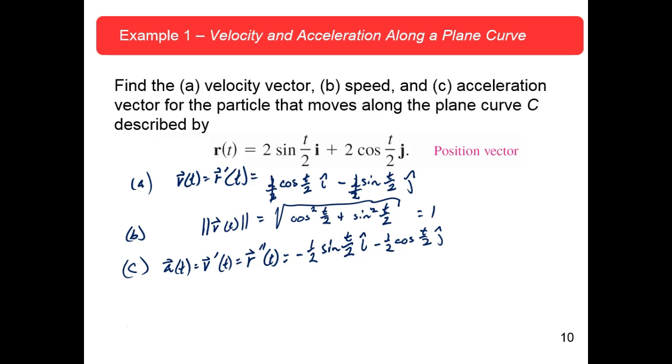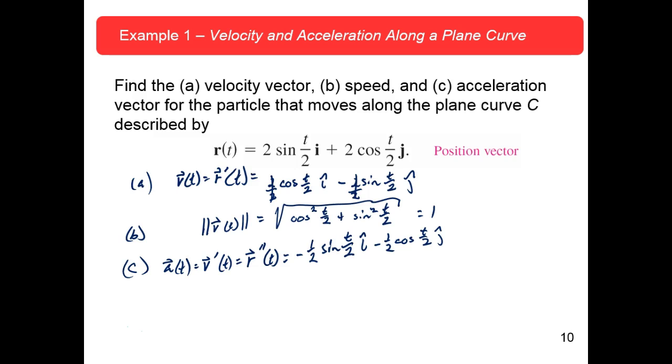The acceleration is minus sine, whereas the displacement vector is plus sine on the i component, minus cosine on the j component, whereas that was positive j. Different coefficients, 1/2s and 2s, but still in the opposite direction. So here's the origin.